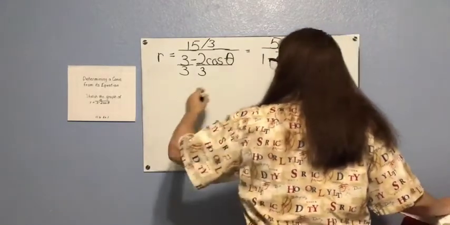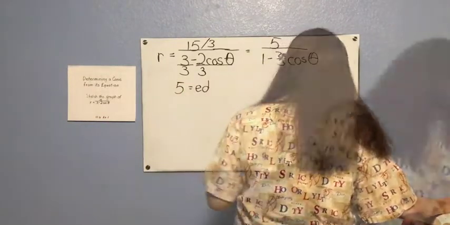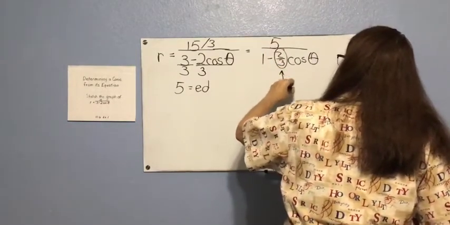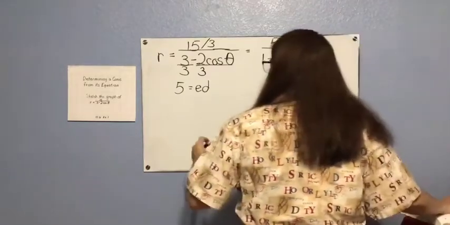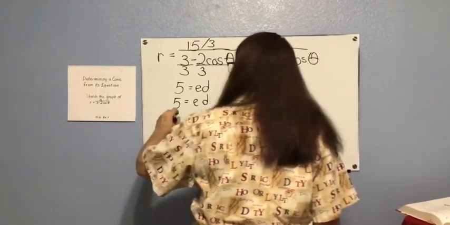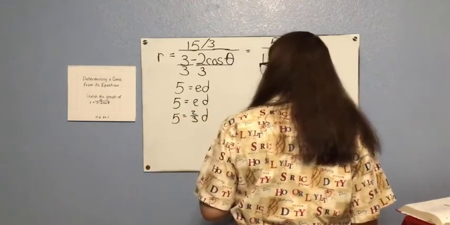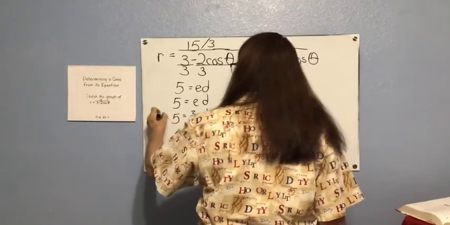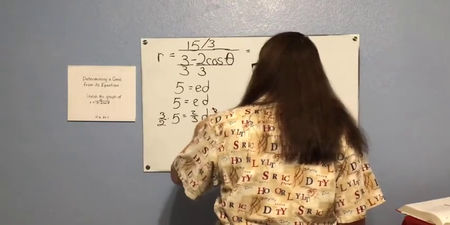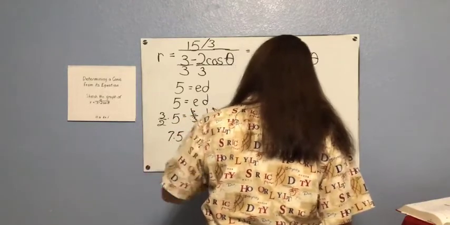And this 5 then is equal to ed, and the 2/3 here, that's the eccentricity. So if 5 is ed and e is 2/3, all I have to do to find d is multiply by 3 over 2, and I get 7.5 is equal to d.